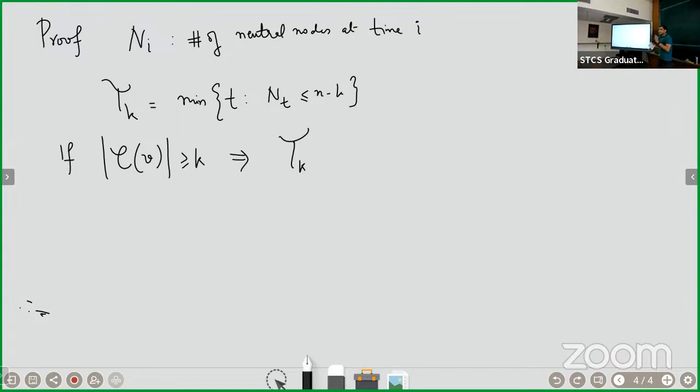Remember the process, how it's progressing. How many nodes change their status from neutral to active at each step?